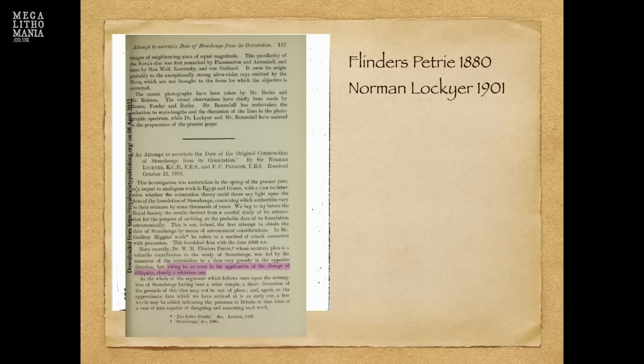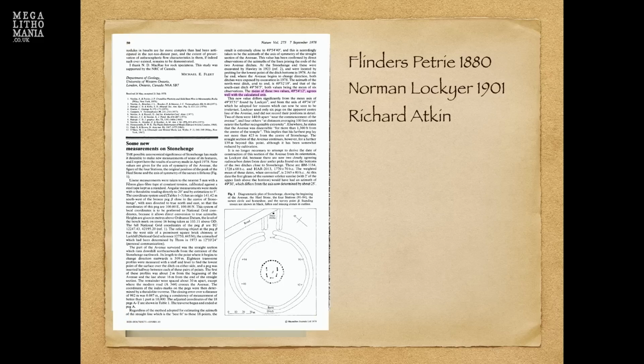It should actually be like 1600 BC. So that's Norman Lockyer, and he did a very good survey of Stonehenge as well. And then Atkinson came along in the 1950s, and he said, sorry, Lockyer's survey was all wrong. It's all displaced by 1/4 degree, so it's not quite accurate. So he did another survey.